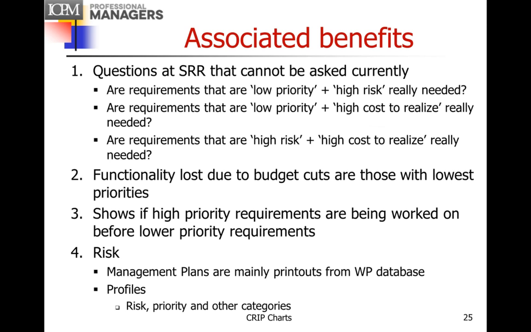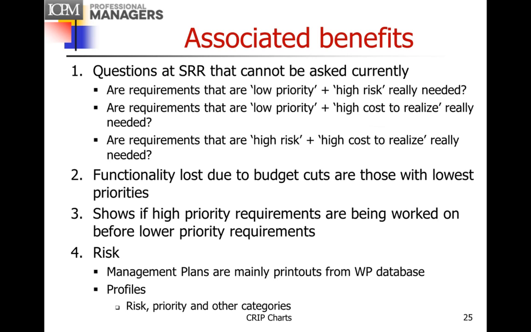And if priority is one of the categories in a CRIP chart, we can actually see if the high priority requirements are being worked on before the lower priority requirements, because we want the high priority requirements to be completed first. And similarly, if schedule is one of the categories, we can see that the requirements that are needed sooner are being worked on before the requirements that are needed later.